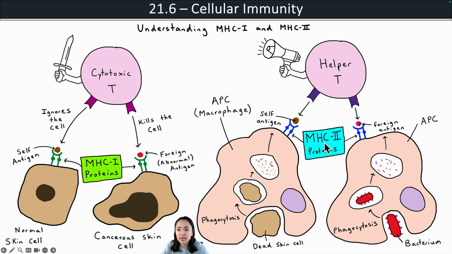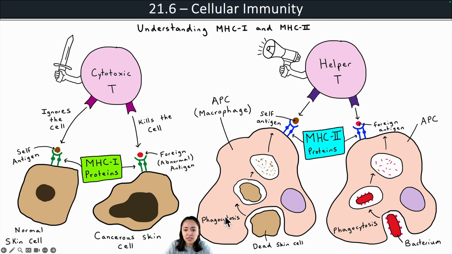Now look over here, let's look at how helper T cells can recognize these foreign antigens. Macrophages' job is to phagocytize dead cells as well as foreign cells. If your macrophages are destroying a dead skin cell, you wouldn't want your body to initiate an immune response, because there's nothing foreign or dangerous happening in the body.